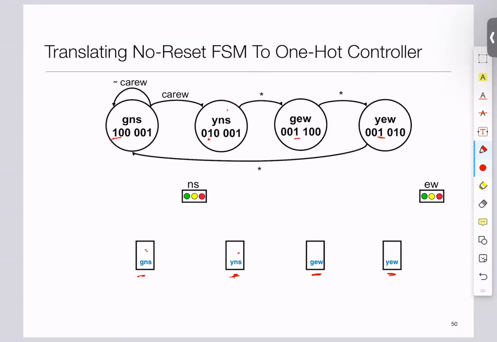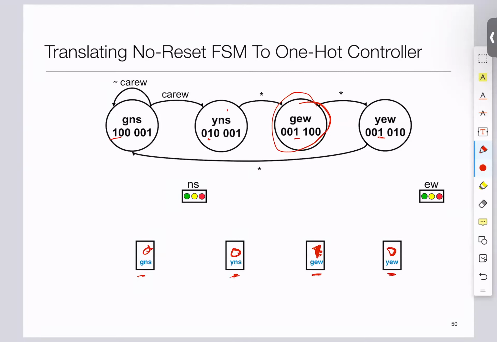So let's say I am in the state GEW. Then that means that GEW is 1 and the others are 0. Right? Let's say I'm in state GW, this state. Next clock tick, what do I want? Next clock tick, I want to be in YEW unconditionally.